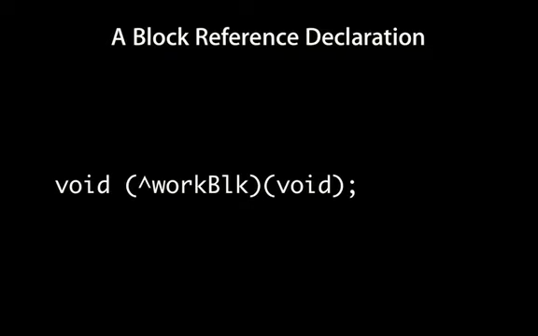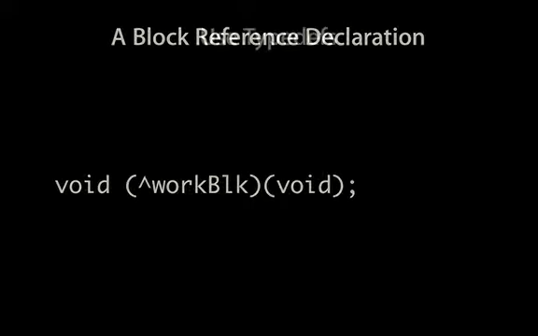So let's see how that repeat function might be implemented. The syntax we use to declare a block reference is just like function pointers, except we use the caret symbol. So it's semi-familiar syntax and form, it's not so bad. Except as a parameter, you have to worry about the return type and the parameters, when you're passing one or when you're trying to declare one.